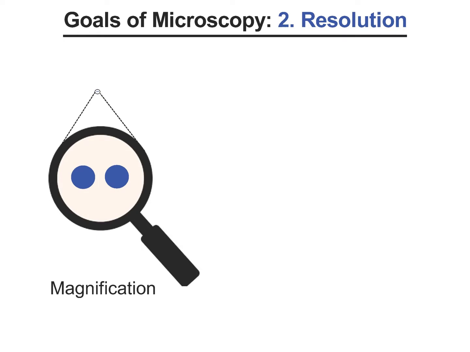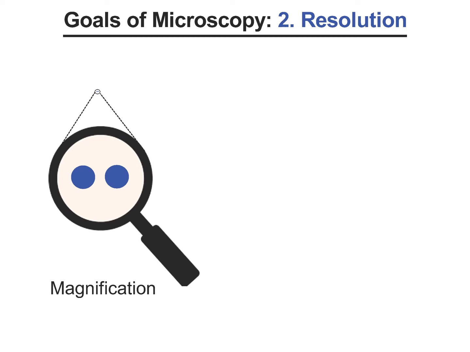The other important goal of microscopy is what we call resolution. Do you see this tiny spot outlined here? Let's see what happens if we magnify that area. With magnification, we find in fact there are 2 objects rather than 1.